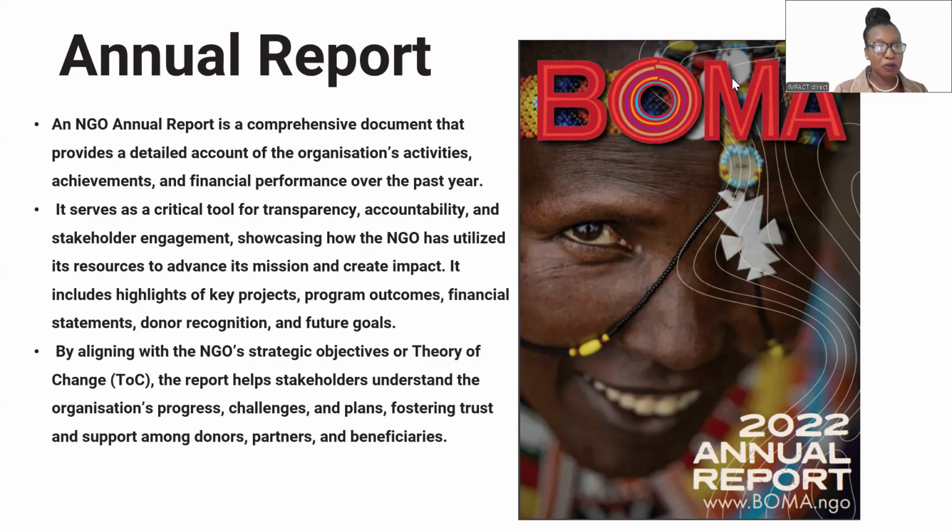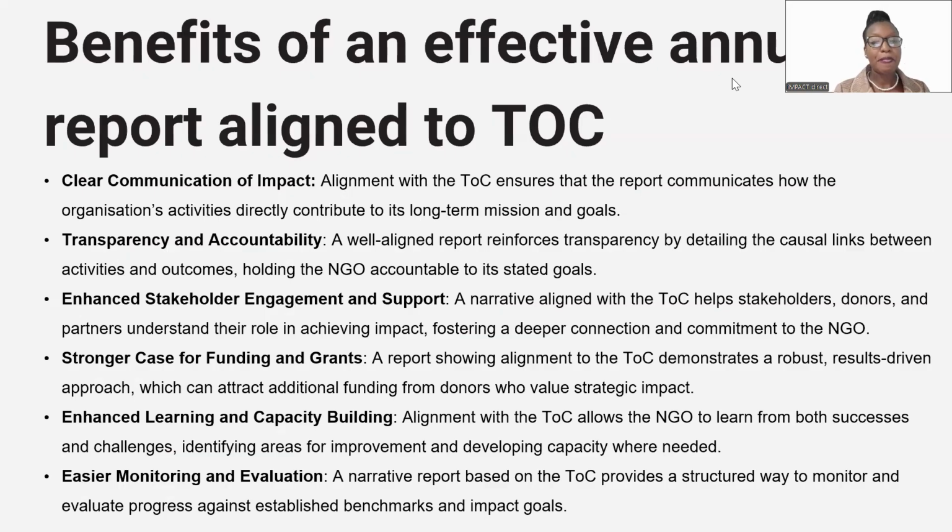And so for illustration purposes, I'll use illustrations from the annual report 2022 of BOMA.NGO. That's the BOMA organization. And just as a start, that's what their cover looks like. What we're saying is when you have an effective annual report that is aligned to your theory of change, there's very clear communication of impact.